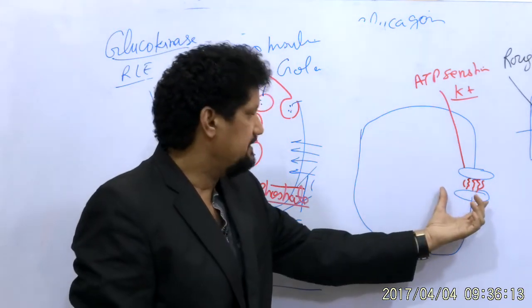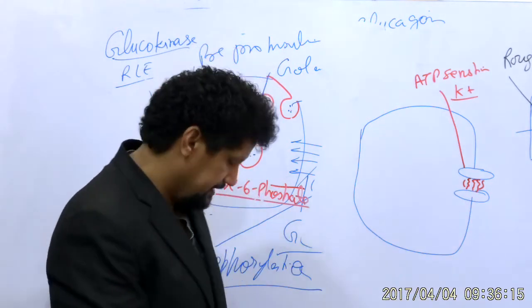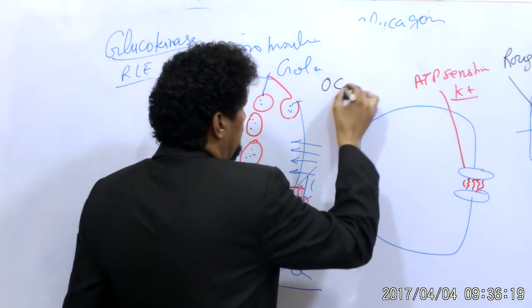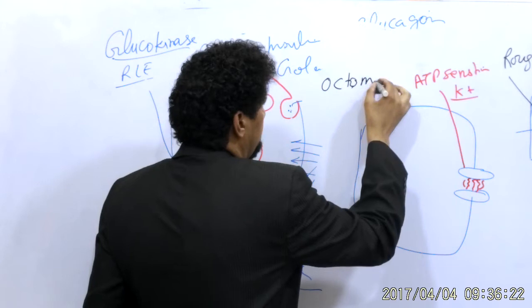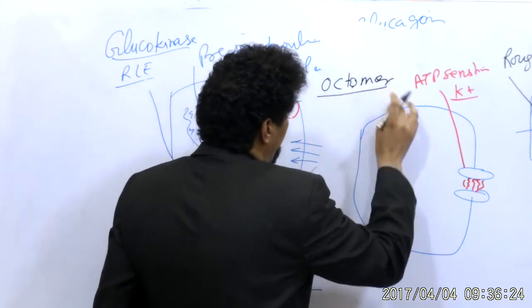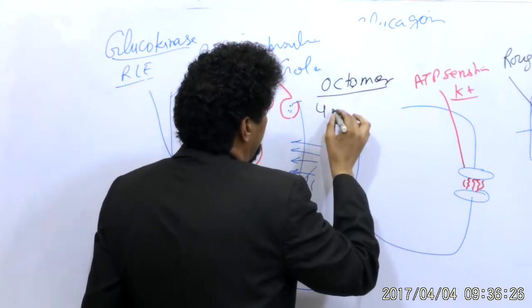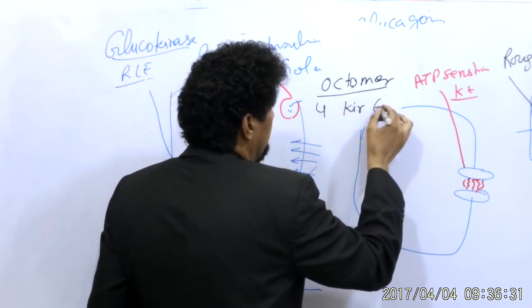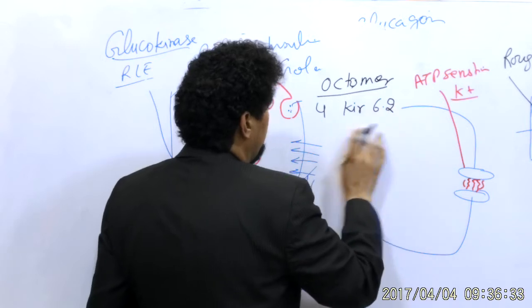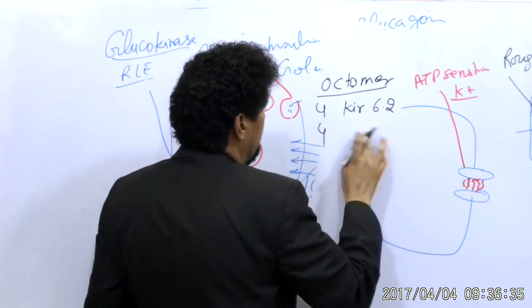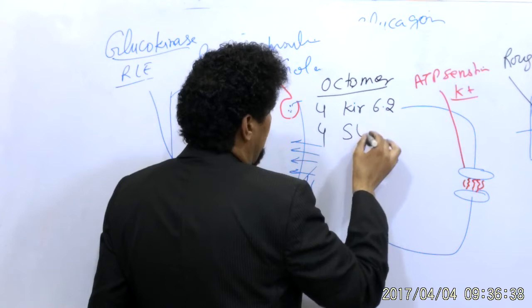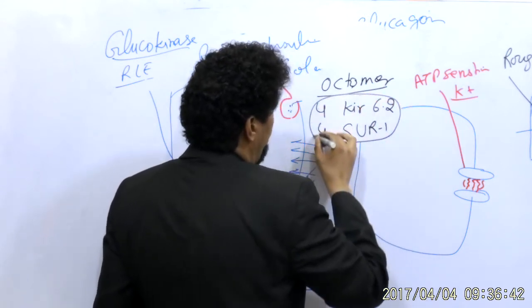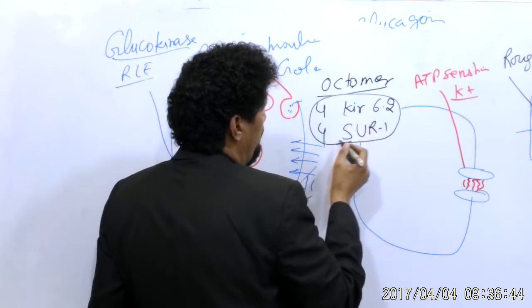This ATP sensitive potassium channel is an octamer. It has 4 units of KIR 6.2 and 4 units of SUR 1. So it has 4 units of KIR and 4 units of SUR.